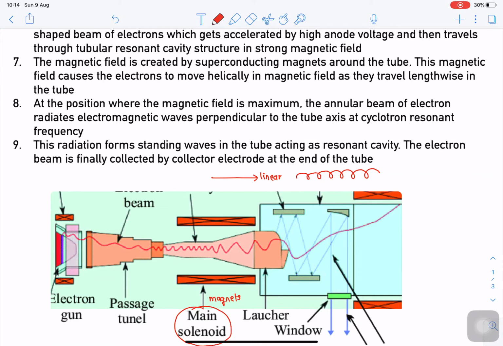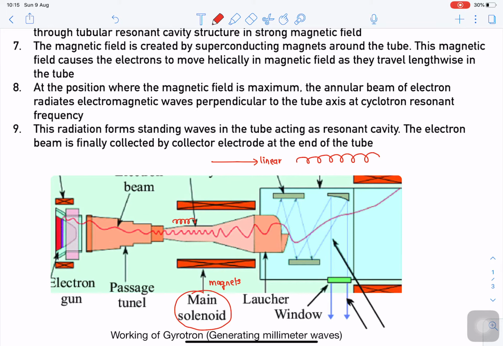So when the annular shaped electron beam passes over here, they will start moving helically in the magnetic field. At this position, where the magnetic field is maximum, the annular beam of electrons radiates electromagnetic waves perpendicular to the tube axis at cyclotron resonant frequency.